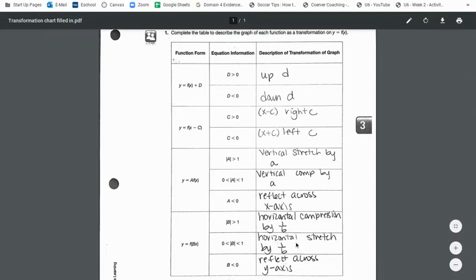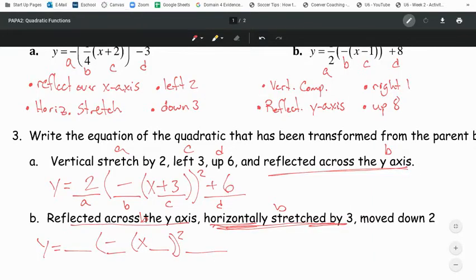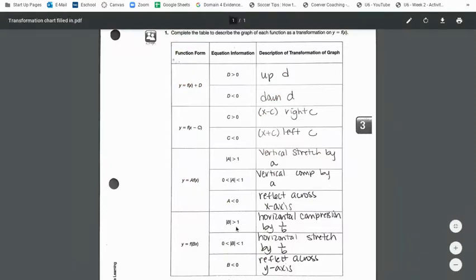And this says horizontal stretch by 1 over B. So this means that the absolute value of B is between 0 and 1. Okay, so this is the tricky part. We have to take this 3 and we have to write it as a fraction, 1 over 3, because it's horizontally stretched. And again, I just do that by the summary. Horizontal stretch by 1 over B. So we knew B was 3, so we do 1 over 3.